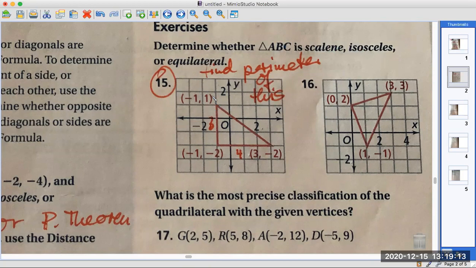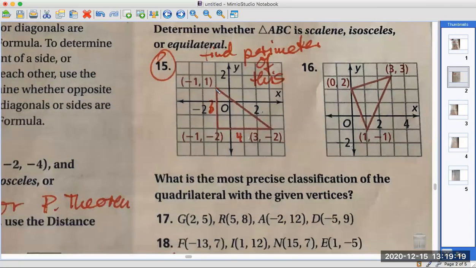I don't think that's on the final, but I know this is on the final. So what you have to do is count the legs and then find the hypotenuse using the Pythagorean theorem, and then add up all 3 sides.